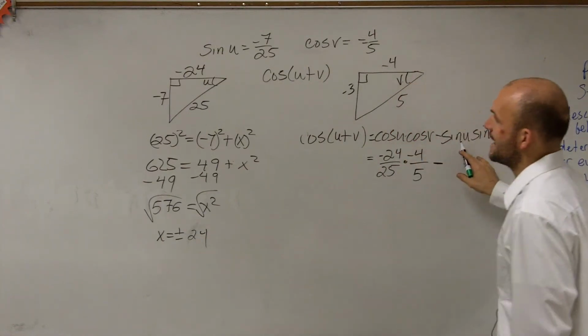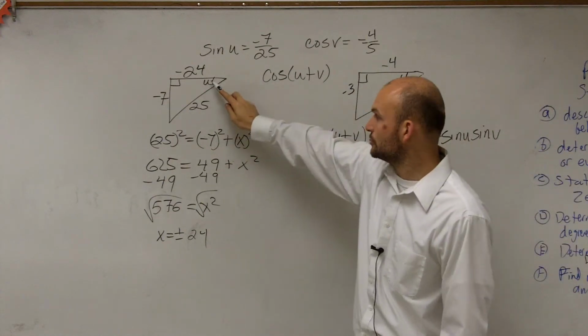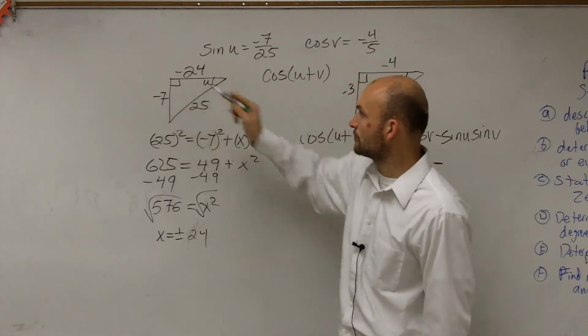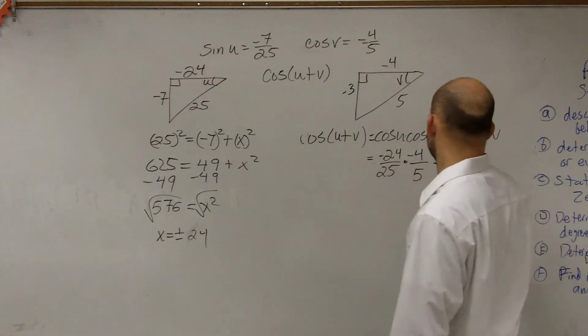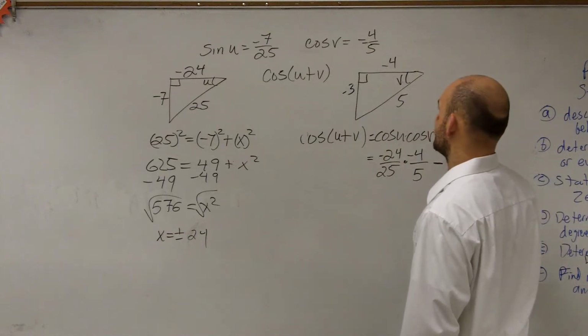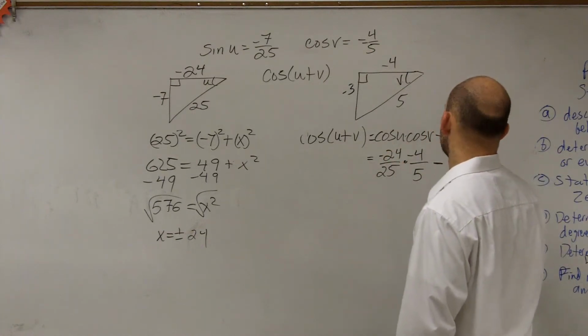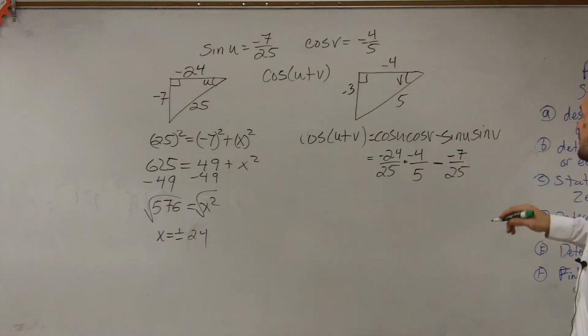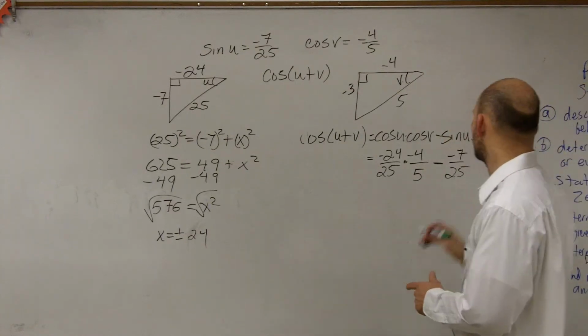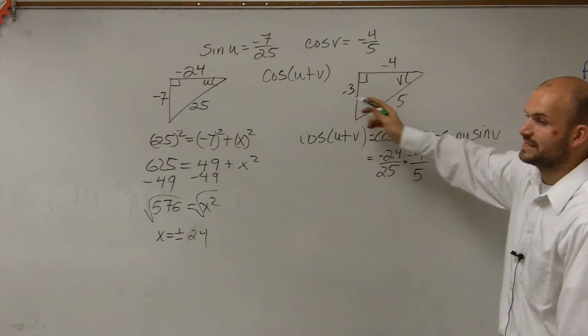Minus the sine of u, angle u, is opposite over hypotenuse, so that's going to be -7 over 25. And then the sine of v is going to be -3 over 5.